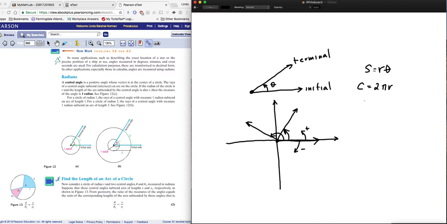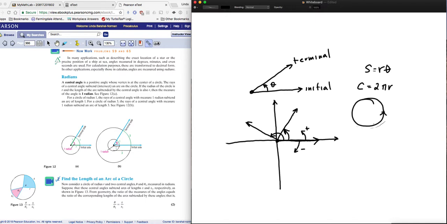Now, if I look at my arc length as being the entire circle, let me see if I can draw a circle here. Okay. All right, so I look at my arc length as being the entire circumference of the circle.